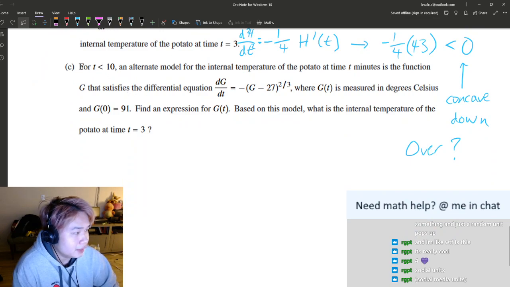Okay, and then if it's less than 10 minutes, then we have a different model here. And then of course it's still 91 degrees at the beginning. Then we need to find g of t. So I need to integrate this.